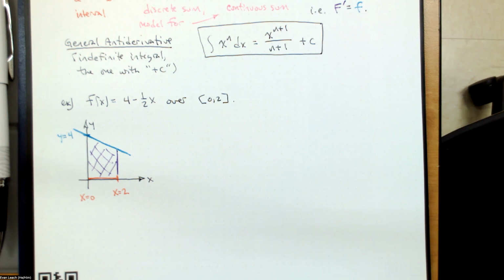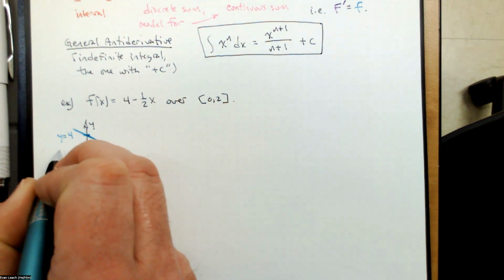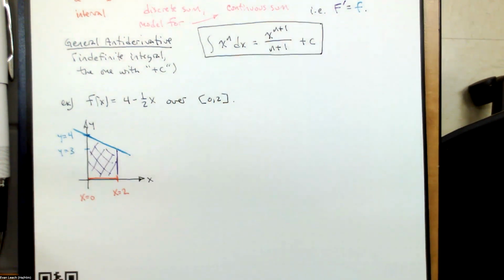Now, this was originally supposed to be a triangle, so we could just do 1/2 base times height. It ended up being a trapezoid because I had the wrong slope. So we'll have to do the average of the heights multiplied by the base. So secretly, we already know that the area is 1/2 of 4 plus 3, times 2.